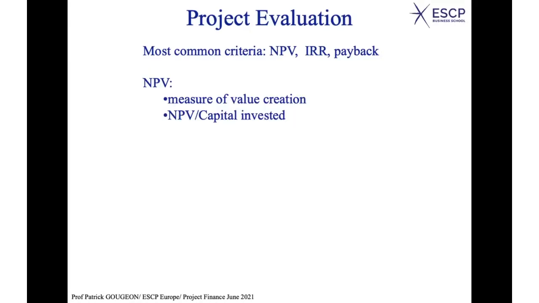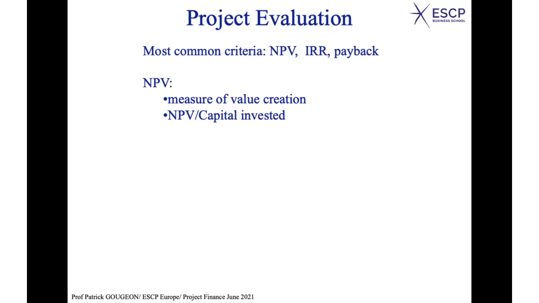Okay, what are the most common criteria which are used? Well, the net present value. Okay, the net present value, which is the dominant criterion when it comes to project evaluation or investment project evaluation. Why? Because it's a measure of value creation. Precisely what it means, you have seen that with my colleagues in corporate finance.